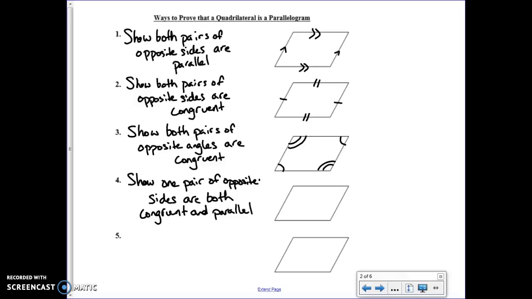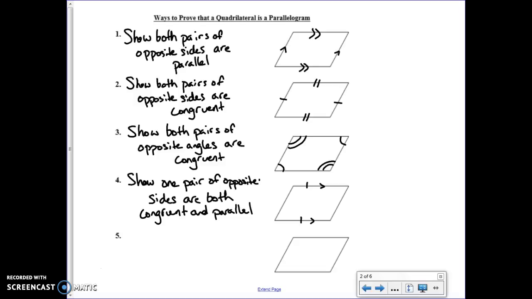So in this case, we would just have the parallel arrows across from each other, and then on that same side, we would have tick marks across from each other. So if we knew that those sides were both parallel to each other and congruent to each other, that's enough information to tell us that yes, it's a parallelogram.